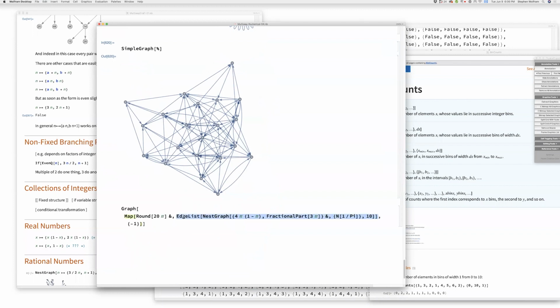So let's say table H goes to, let's say, 5 to 25. Steps of 2, just for good measure.